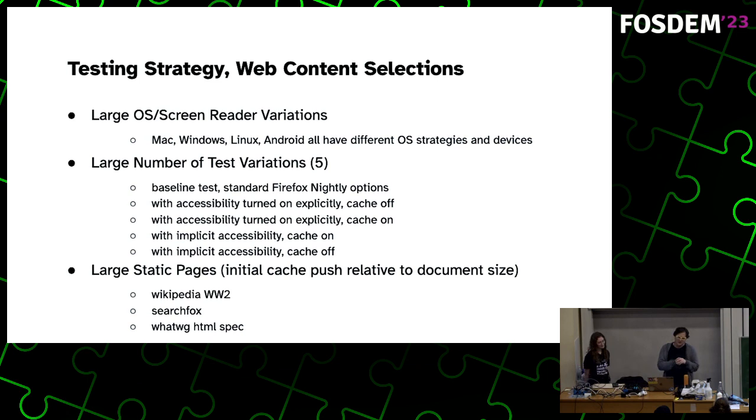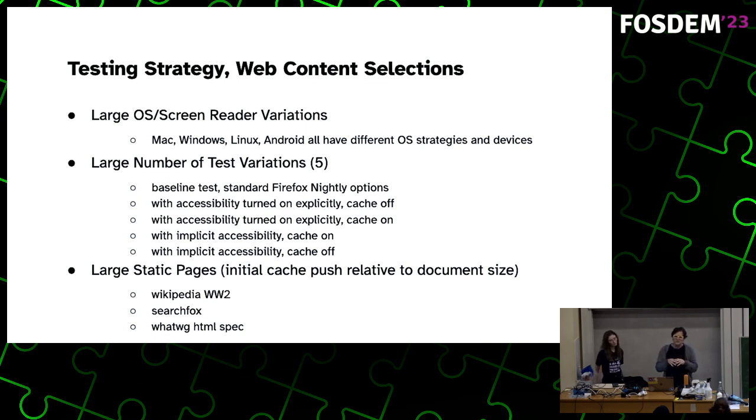In addition, in terms of testing, we had to run a large number of variations to verify our results. We have 5 different variations starting with a baseline, and then we have caches on and off with accessibility implicitly on by just plugging in a screen reader, and also with accessibility forced on with preferences. So we have a really large matrix of 5 in our tests here.